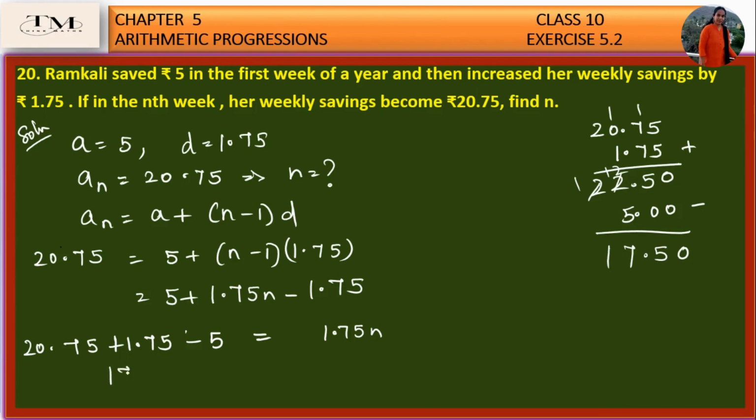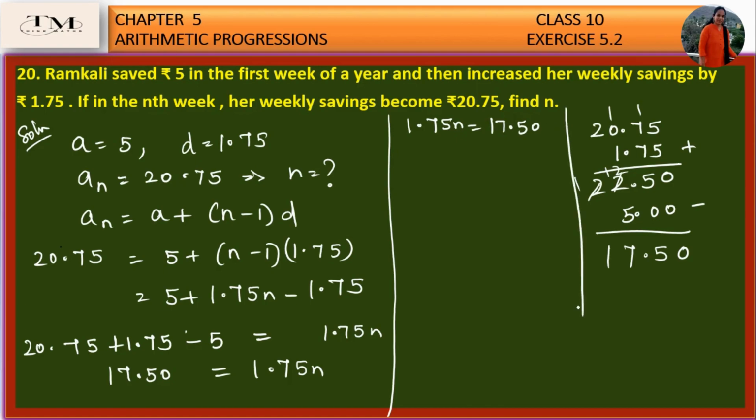So this side we have 17.50 equal to 1.75n. So I can write this as 1.75n equal to 17.50.